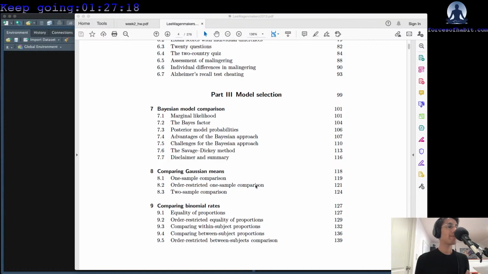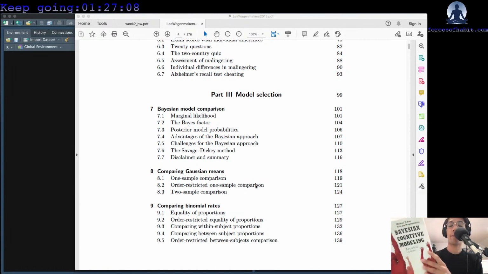If you're new here, what we do is go over and do all the exercises in the Bayesian Cognitive Modeling Practical Guide by Michael Lee and Eric Wagenmakers. I'll learn how to say it at one point.